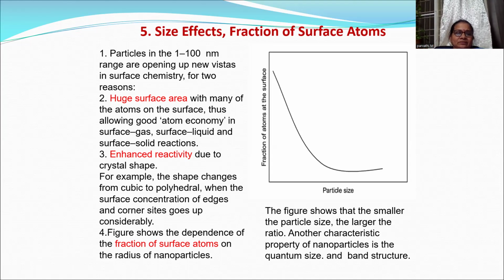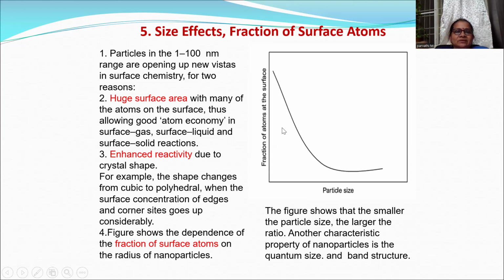Generally, reaction will be more on the surface compared to the internal core. So if surface area is more with nanoparticles, their reaction will be more. In the graph, as particle size increases, the fraction of atoms at the surface reduces. If the particle size reduces towards the left-hand side, the fraction of atoms at the surface is more.